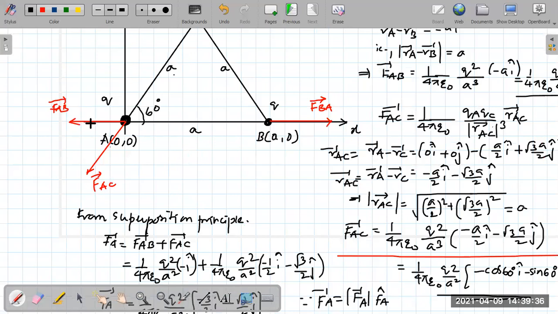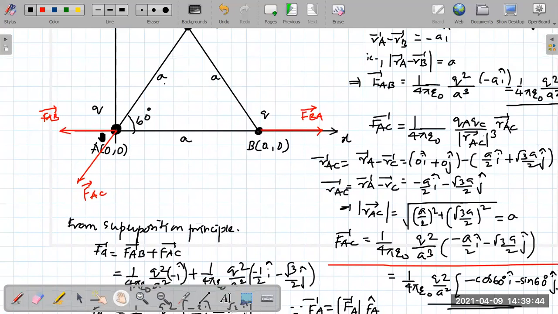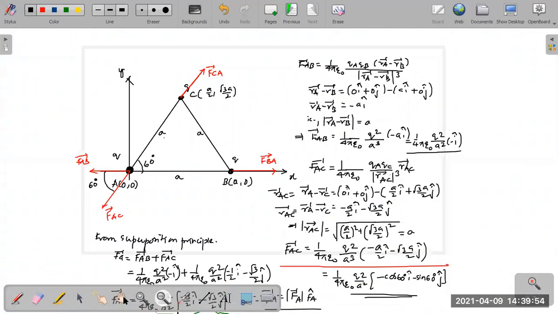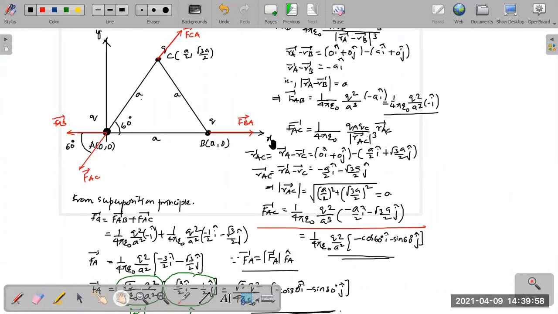If this angle is 60 degrees, then what must happen? Force on A due to C is making an angle of 60 degrees, but in the negative quadrant, right? Are you getting this? So this is making an angle of 60 degrees with the negative x-axis. That's why this x coordinate is minus cos 60 I cap and this is minus sin 60 j cap. Did you get the point?